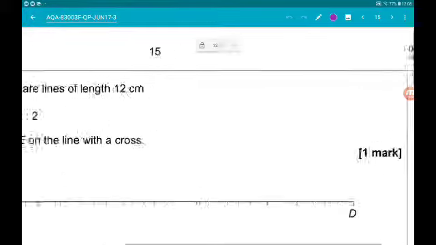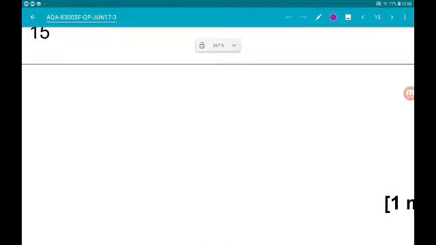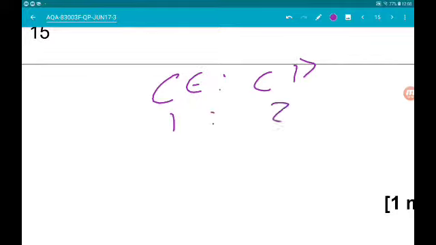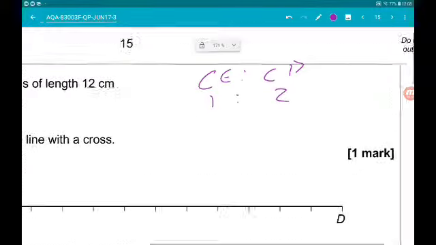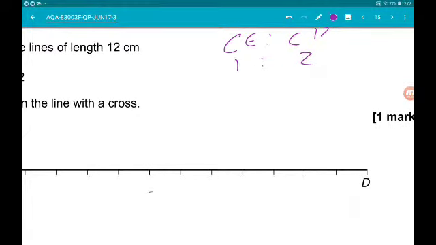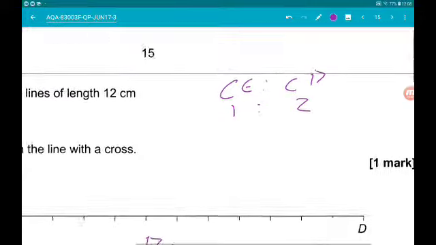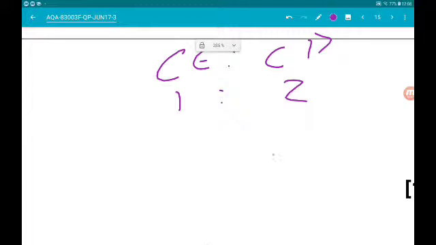Well, we know that CE to CD is 1 to 2. Now we know that the line is 12 centimeters long altogether. So CD is 12. So in the ratio, how can we turn 2 into 12?